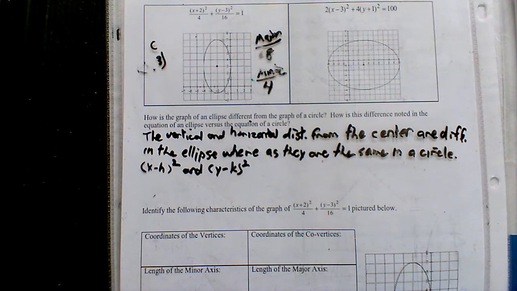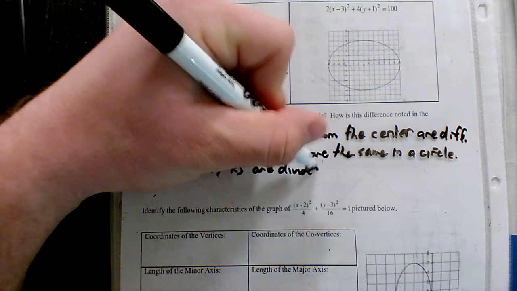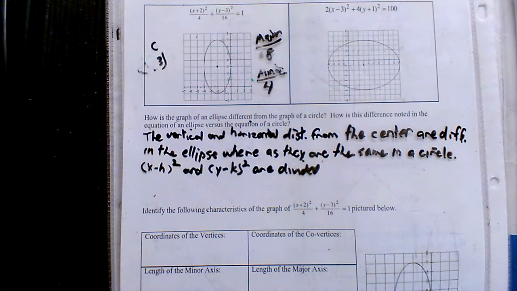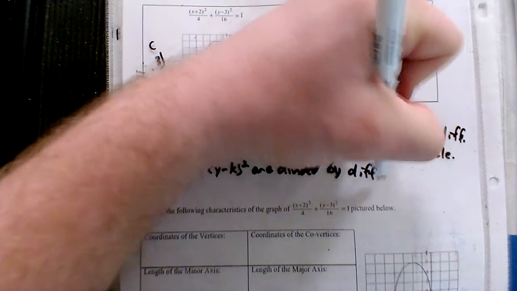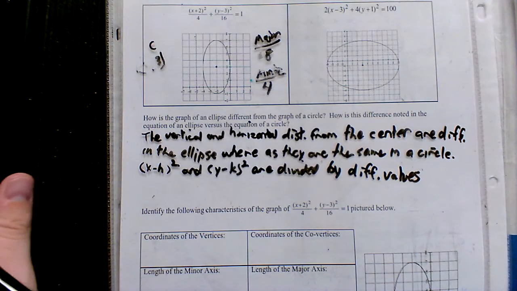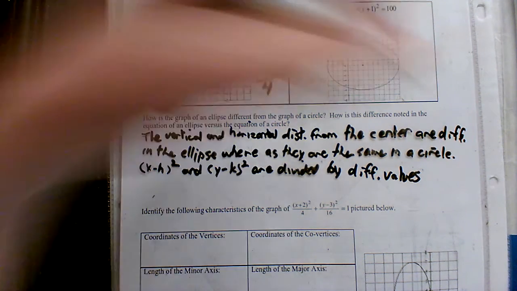Those 2 values are divided by different values. But they're divided by different values when the equation is what? There's one more stipulation. Equal to 1, exactly.